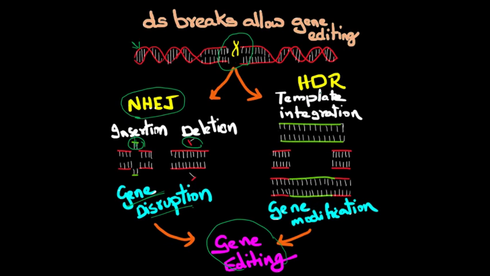Now coming to homology directed repair, this is more of an engineered version in which we can add on whatever features that we need. Once the break has happened and we want to add a double strand DNA template to this area, we just have to add this template into the culture medium or wherever the experiment is done, and that template gets added on to the area where the double strand break has occurred.